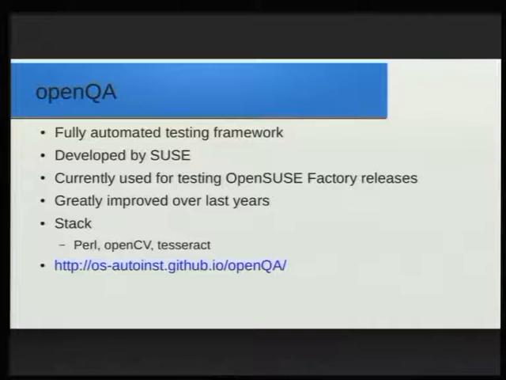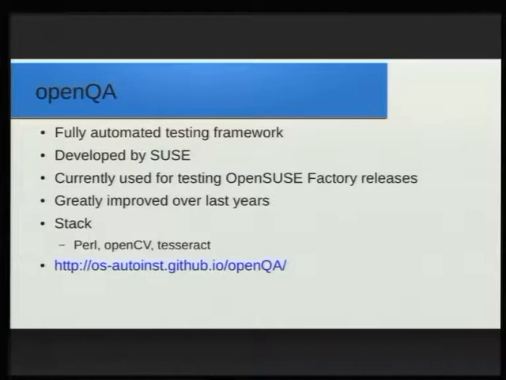Then, when you repeat the test, you look for similar images on the screen. But this has greatly improved over the last years, as I've found lately. They basically reached the same problem as I did, and now they are using OpenCV for vision and Tesseract for OCR, optical character recognition, and the whole project is done in parallel.